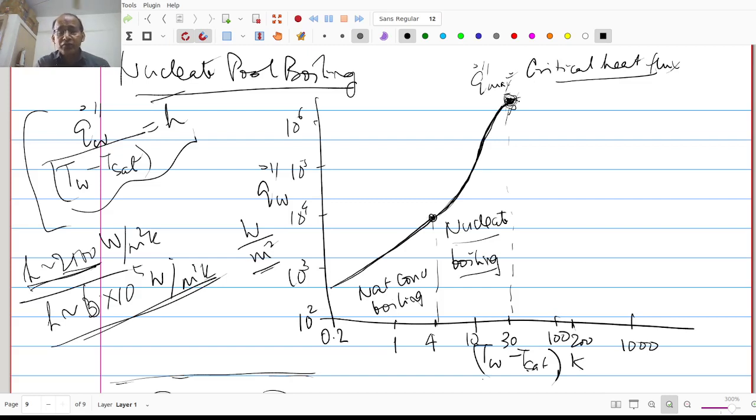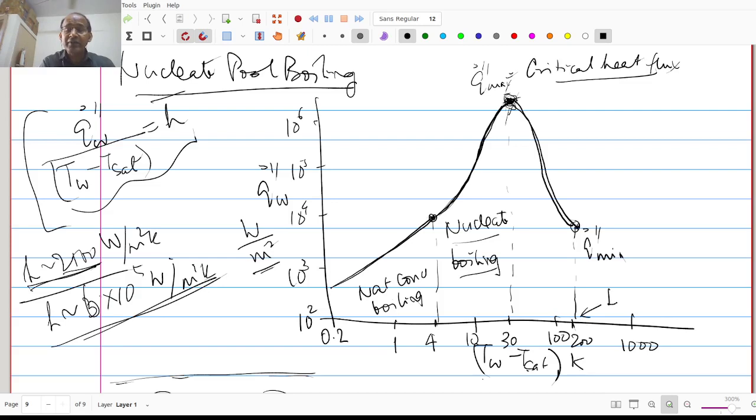So from here until about 200 degrees Celsius of superheat, there is a decline in heat flux, and the heat flux comes down to around 10 to the power of 4 again. So this is Q dot double prime min.